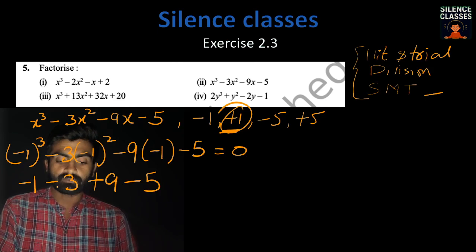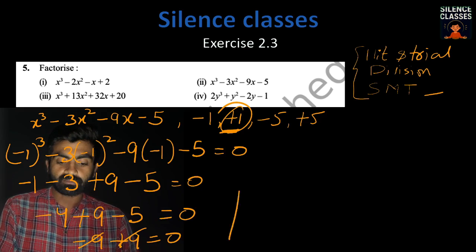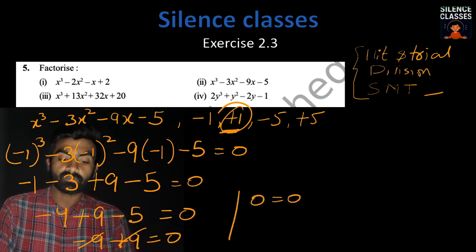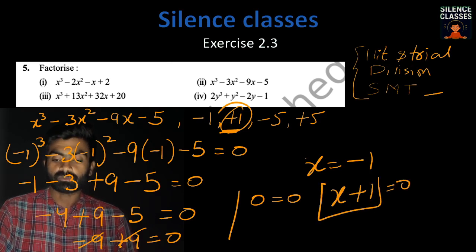So minus 4 plus 9 minus 5 is equal to 0. So it will become minus 9 plus 9 is equal to 0. We can cut it out. So we will get 0 is equal to 0. It means x is equal to minus 1. So by this we got that x is equal to minus 1. It means x plus 1 is equal to 0. This is the factor.